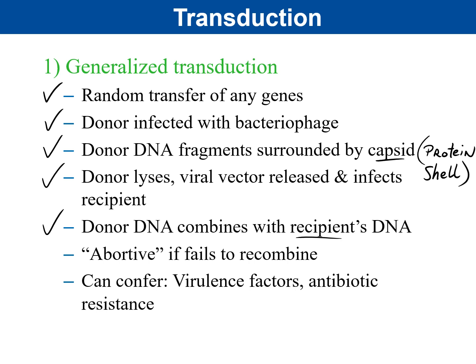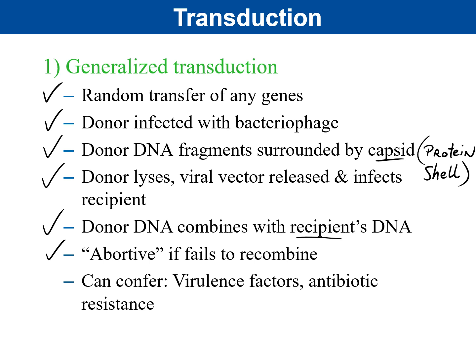However, there is a chance that this process could fail. If a recipient cell fails to adopt the new DNA that it's been given, this is called abortive. So the recipient cell may not actually receive the DNA and successfully change by recombining that, and so it may destroy the DNA.